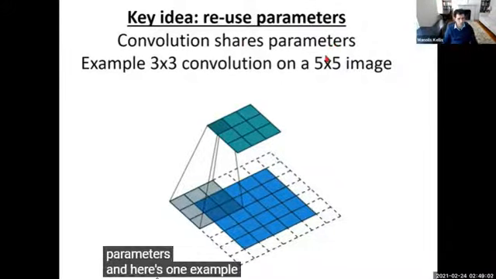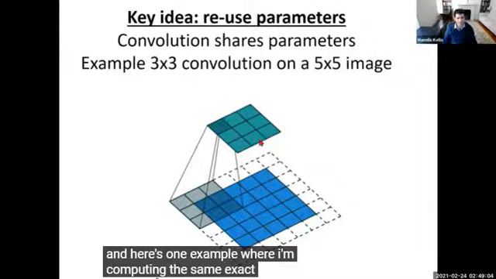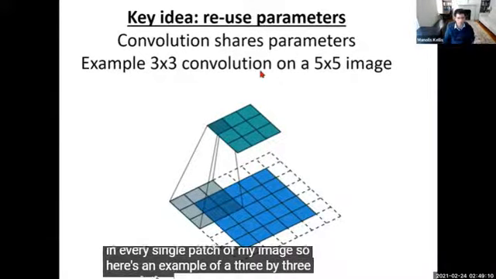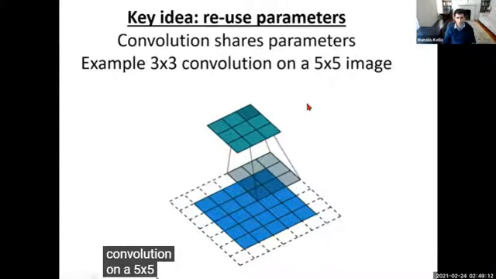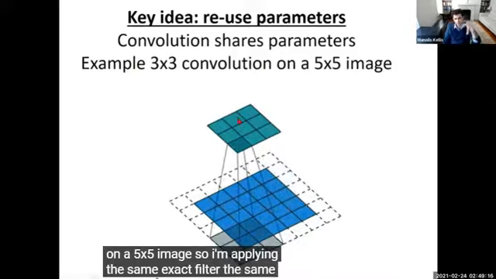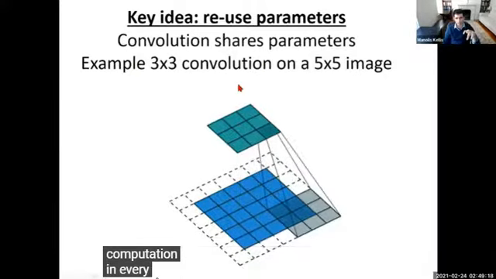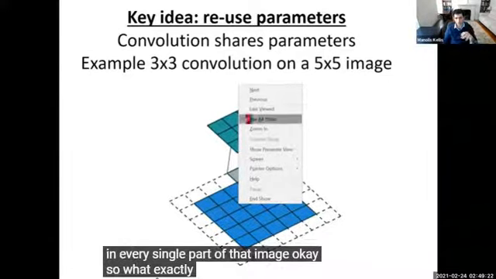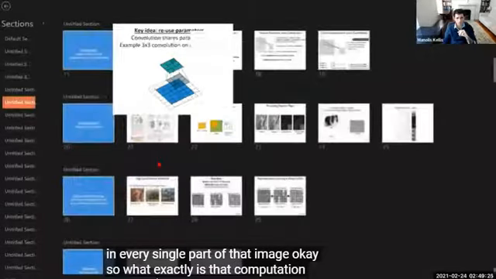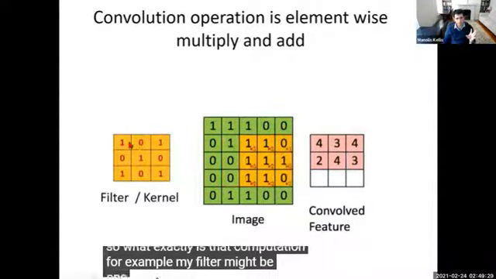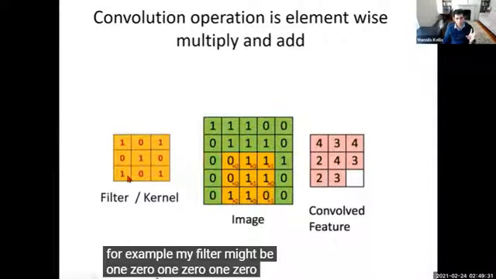And here's one example where I'm computing the same exact operation in every single patch of my image. So here's an example of a 3x3 convolution on a 5x5 image. I'm applying the same exact filter, the same exact computation in every single part of that image. Okay, so what exactly is that computation? For example, my filter might be 101, 010, 101.